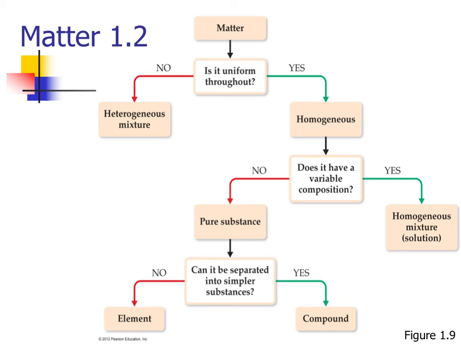And so you have, is it uniform throughout? Yes or no? If yes, you go there. Is it homogeneous? Does it have a variable composition? Yes, no. If no, pure substance. Can it be separated into simpler substances? Yes, no. If yes, it is a compound.